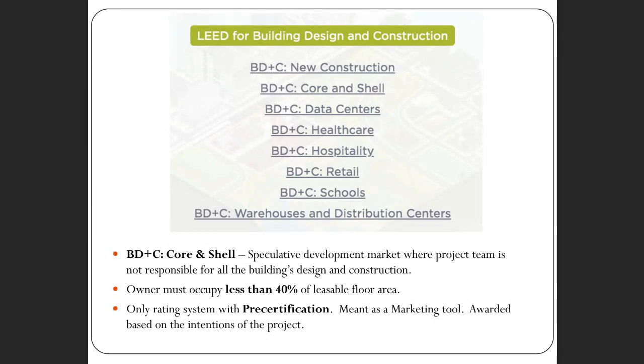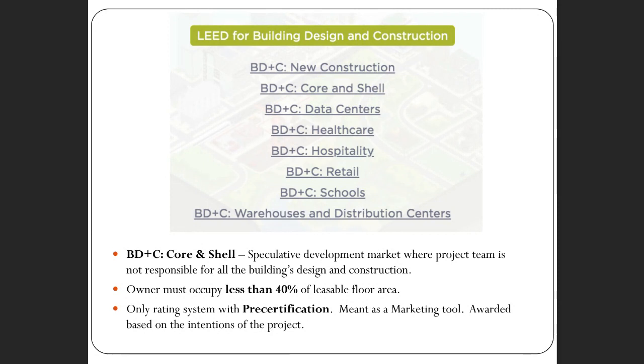We talked about BD&C core and shell. Core and shell is a speculative development where the core and shell of the building may be done separately from the fit out of the building. In the case of core and shell, the owner is going to be occupying less than 40%.